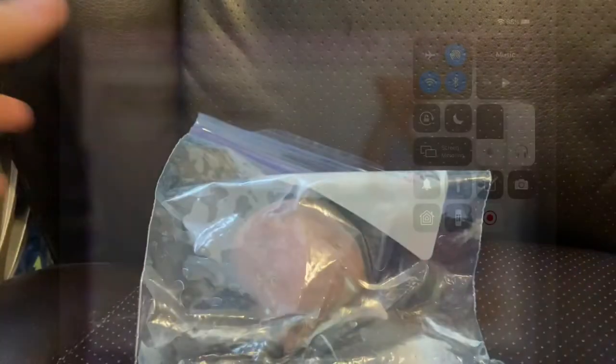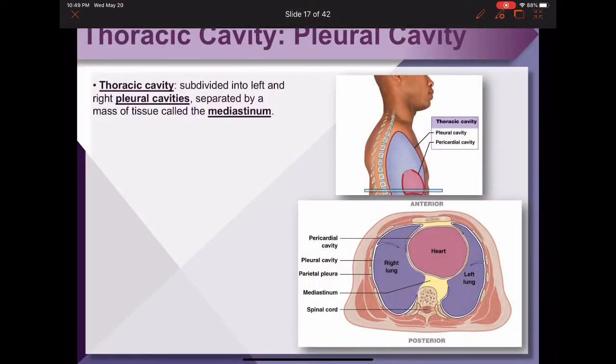Now that we have the basic definitions of what a body cavity and the serous membrane are, and we know which side is visceral and which side is parietal, let's begin talking about the specific cavities and the specific type of serous membrane that wraps around major organs. We'll begin with the thoracic cavity, the major cavity in the chest area above, or superior to, your diaphragm. It is further subdivided into your left and right pleural cavities.